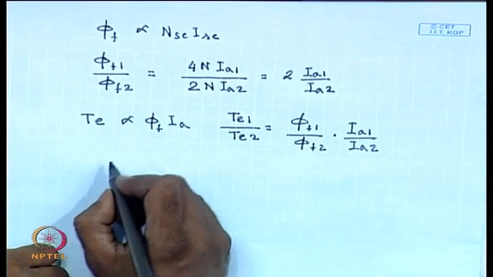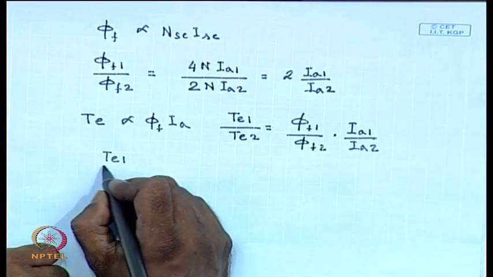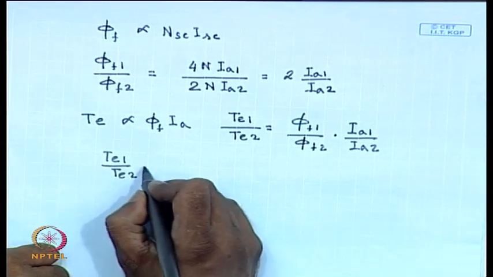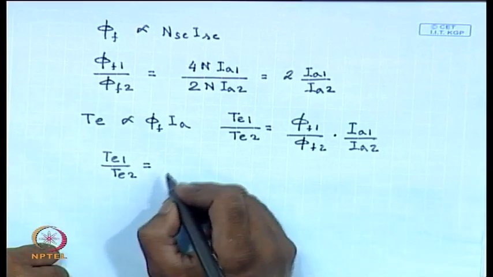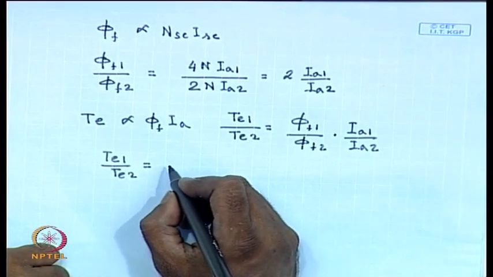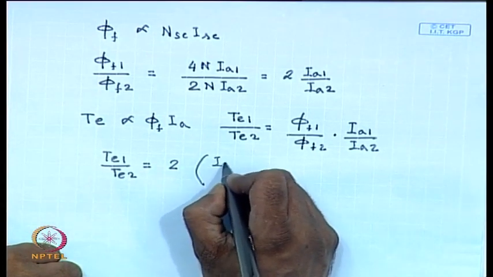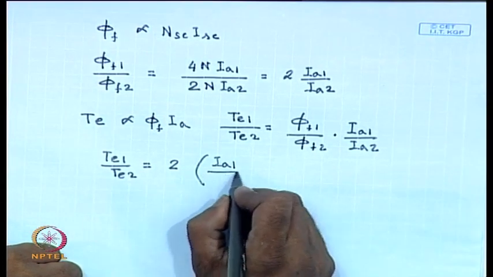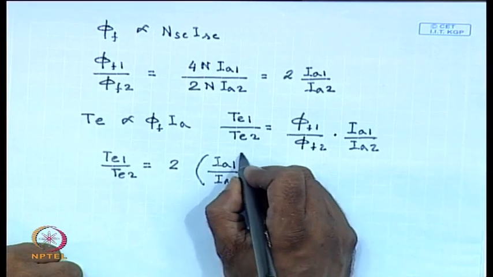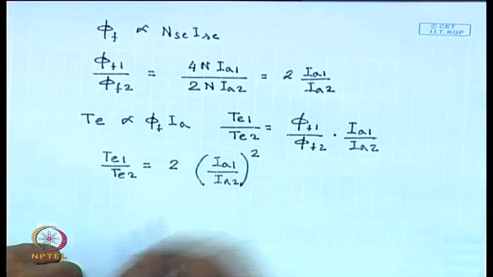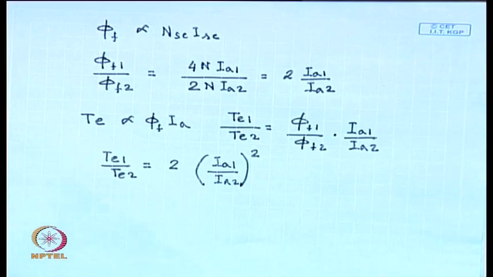Therefore, T E 1 by T E 2 equal to 2 times I A 1 by I A 2, whole square.